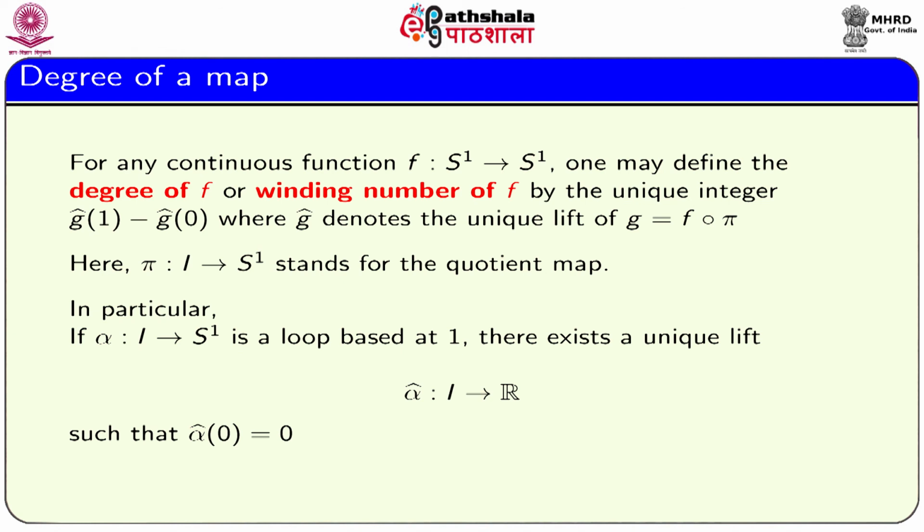In particular, if alpha is a loop based at the point 1, there exists a unique lift alpha cap from I to R such that alpha cap(0) is equal to 0 and exponential composed alpha cap is equal to alpha.